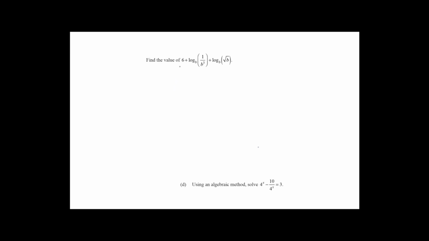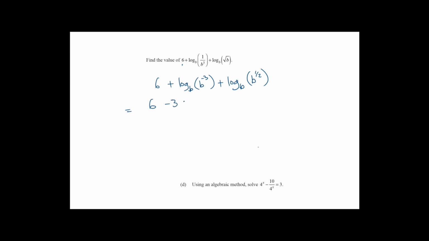Find the value. Well, 6 is 6. There's a b there and there's a b there. So it's going to be 6 plus log b minus 3, which makes things a lot easier, I think, plus log b to the half. So it's going to be 6, and the minus 3 comes out the front.